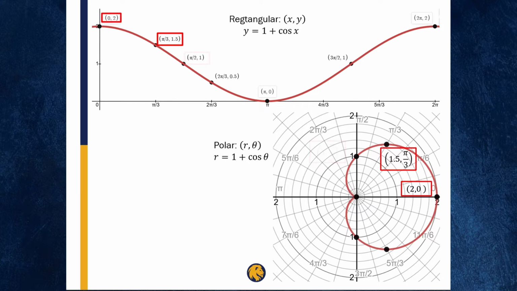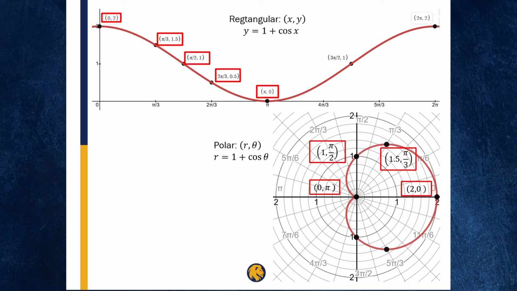And as that angle increases to pi over 2, the value of r will shrink to 1. And we can follow along as it shrinks all the way from 1 down to 0 at pi. And then from there, it's going to go back out again.